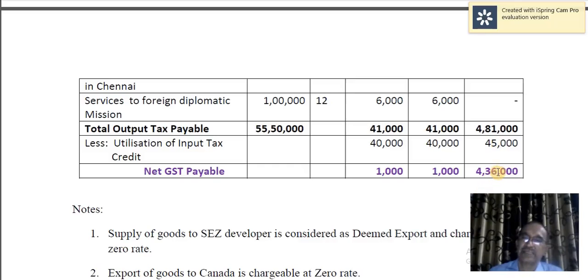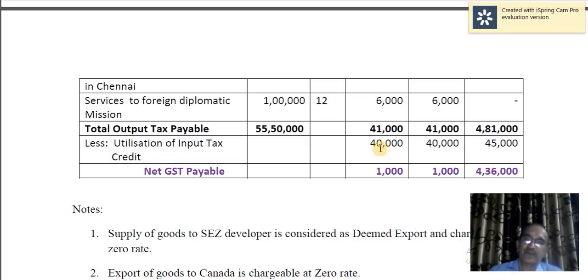So there is deficit or shortage of 4,36,000. Okay, only if there is surplus, then it should be utilized for paying CGST and SGST. Otherwise, okay, we'll see the position in the case of CGST. So 41,000 is the output tax. Input tax of CGST is 40,000.